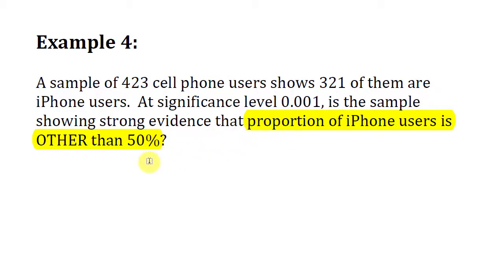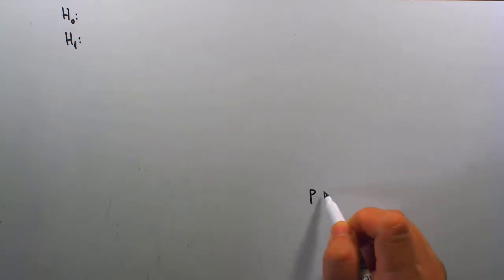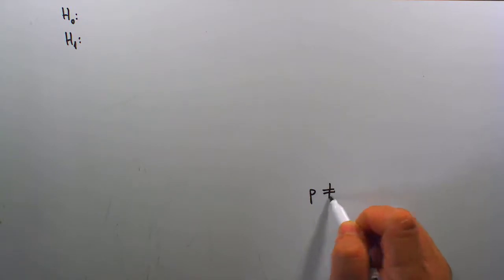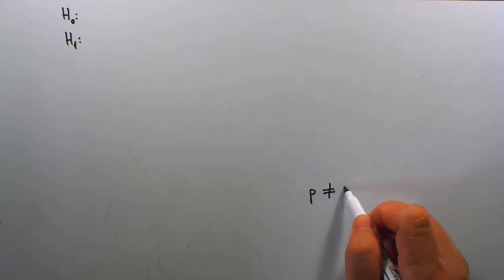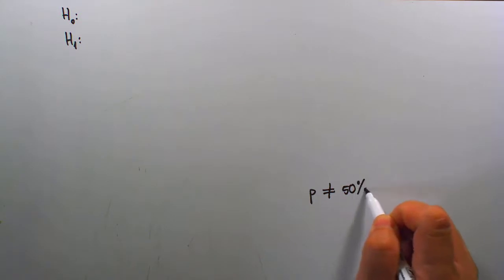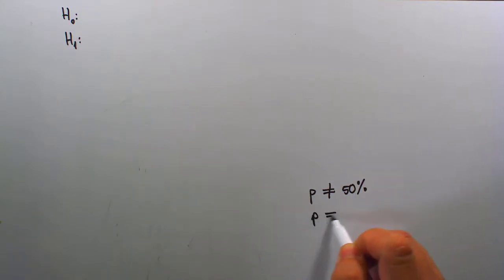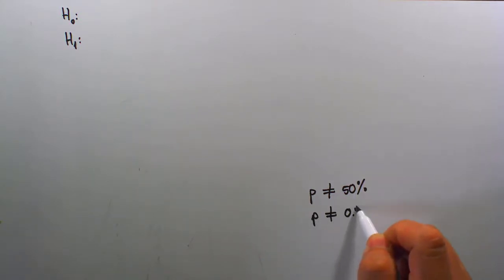So this worded statement right here on scratchwork, symbolically we can translate into the following. P, now other than means not equal to 50%, or equivalently in decimal, P is other than 0.5.